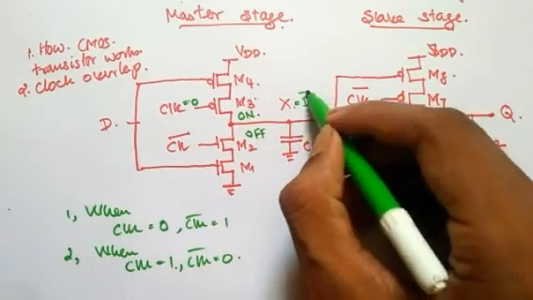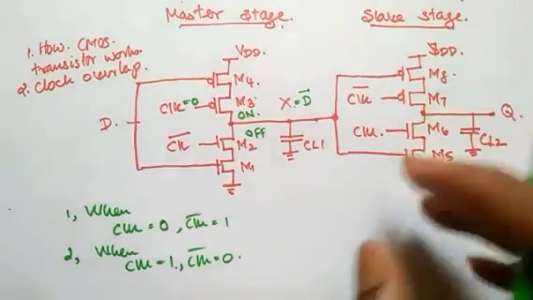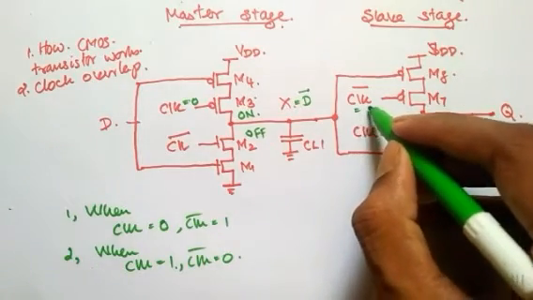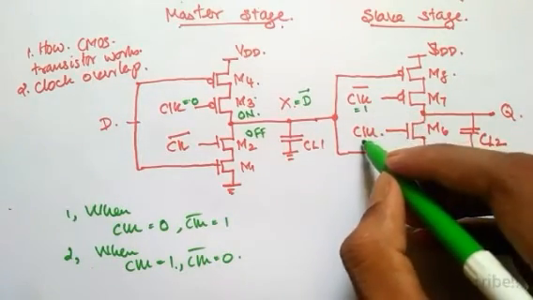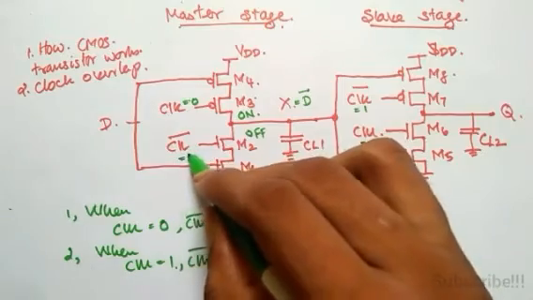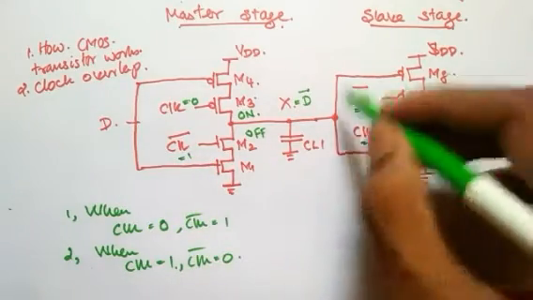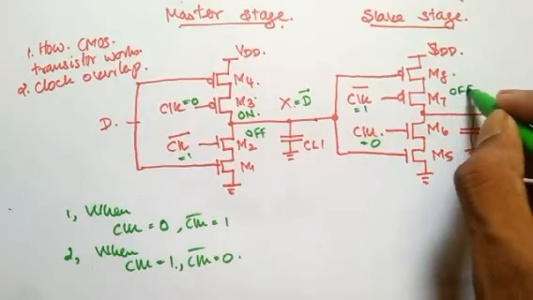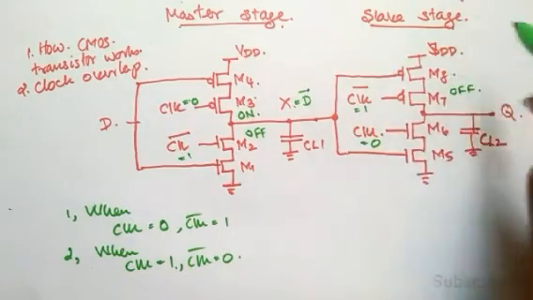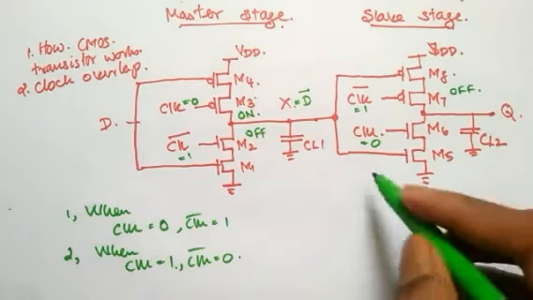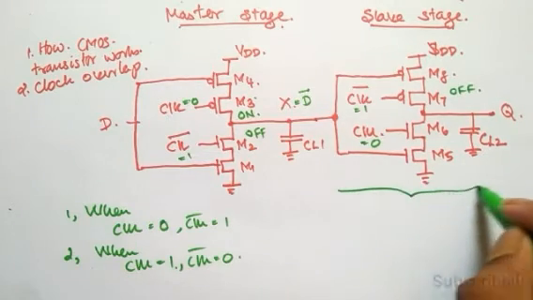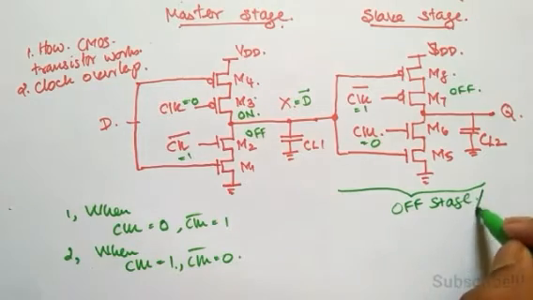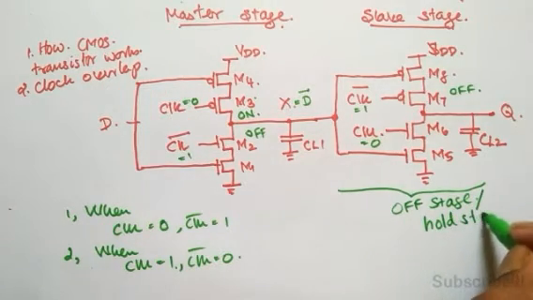So the output at X will be D bar. During this time, the transistors M7 and M8 will be in the off position. So the slave stage moves to the off stage or hold stage.